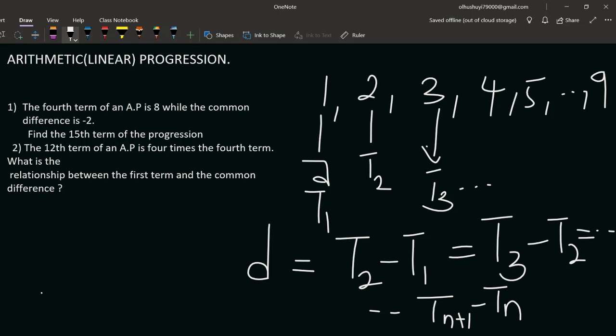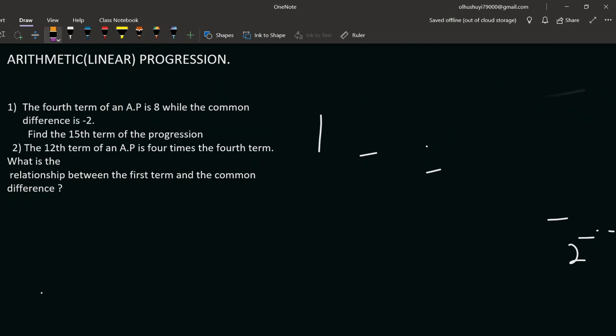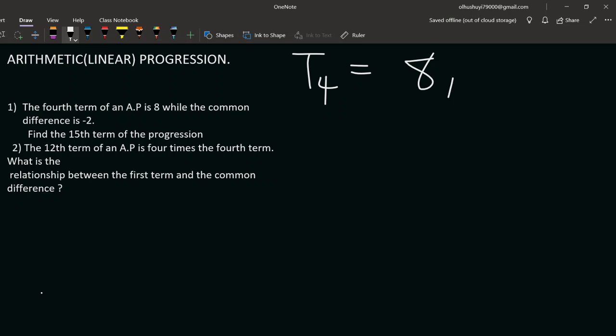So let's quickly solve these questions that we have here. We don't have all the time on our side. The first question says, the fourth term of an AP, that is T4, is equal to 8, while the common difference D is given as minus 2.